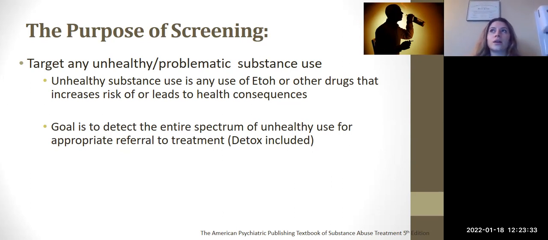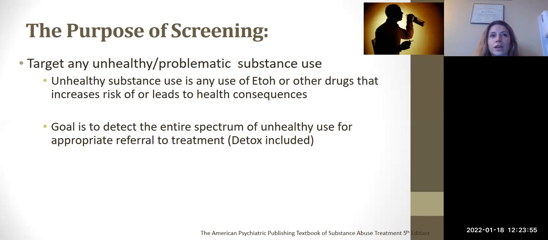For instance, the Columbia, which is a suicide risk screener, flags a lot of people as high risk when they're not actually high risk on a comprehensive risk assessment, because it's meant to catch a big pool of people. So the likelihood of it flagging positive is much higher on a screening tool.